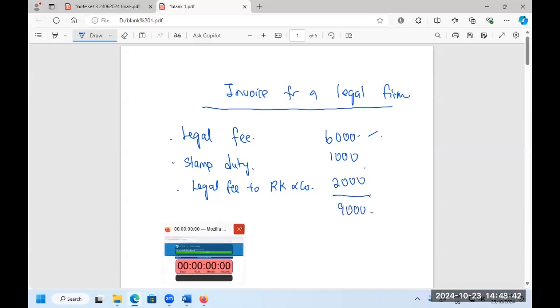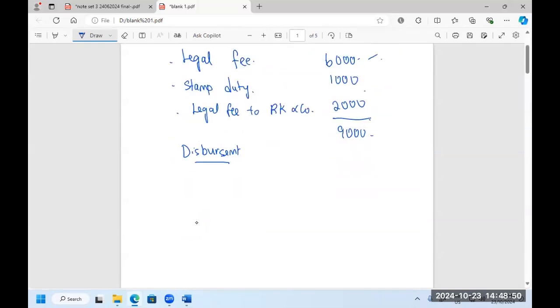Then we will have disbursement. Guys, can you give me some disbursements? Telephone calls, traveling. These are the common ones, printing, stationery.